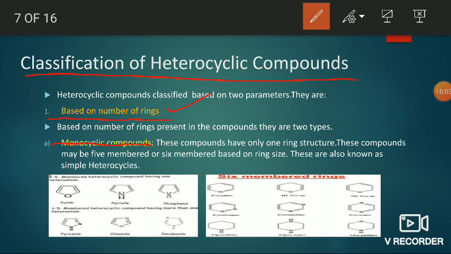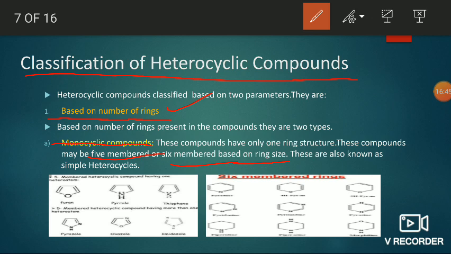In the case of monocyclic or simple heterocyclic compounds, they contain a single ring structure with one or more heteroatoms. Based on the ring size, the simple heterocyclic compounds may be 5-membered, 6-membered, or sometimes 3-membered or 4-membered rings. They may be 3-membered, 4-membered, 5-membered, 6-membered, or sometimes 7-membered rings.